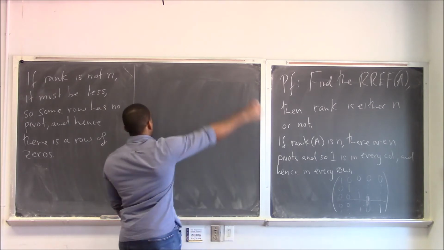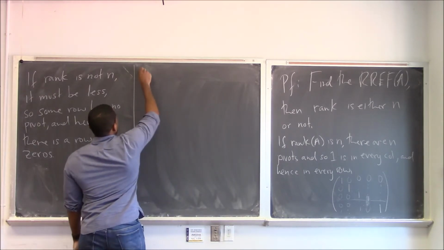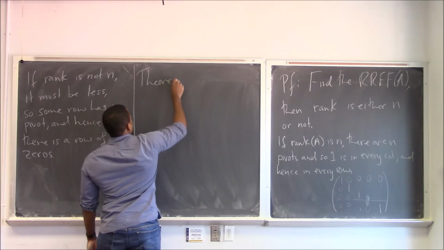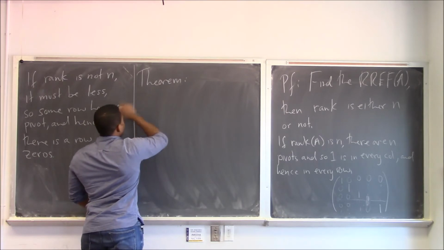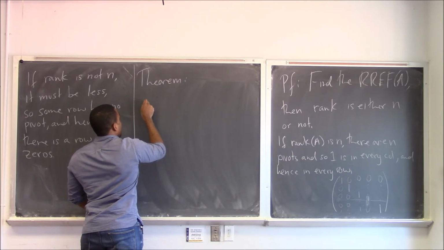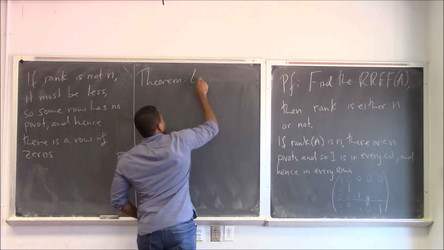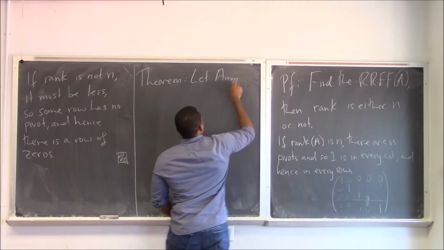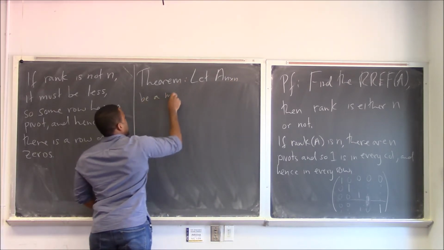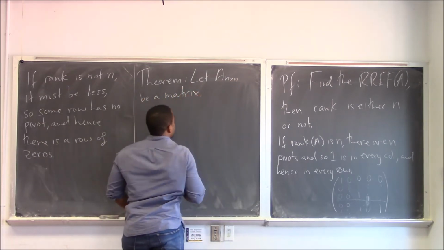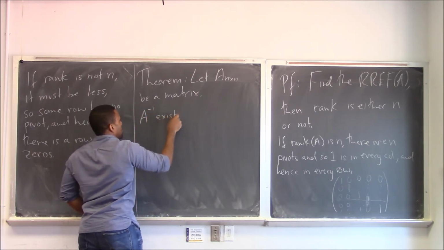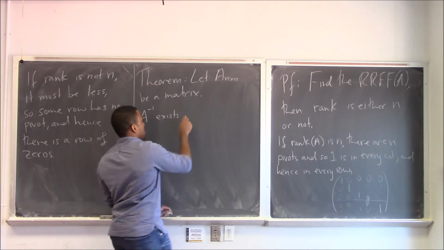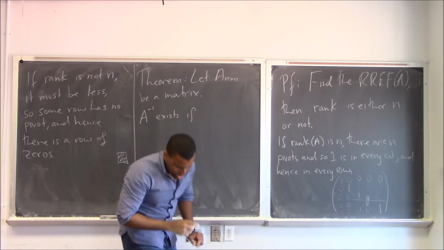Let's prove some other facts before we get to the theorem, and we'll throw this into the equivalence theorem at some point. Let A, n by n, be a matrix. Then A inverse exists. Do I need the equivalence theorem for this?